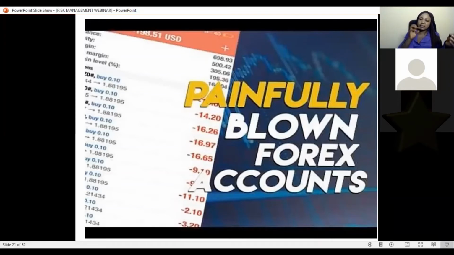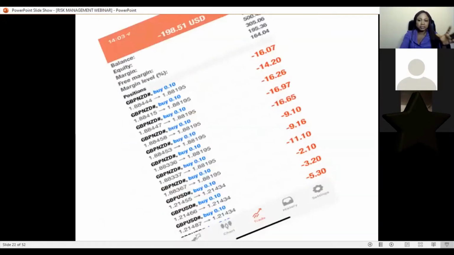As much as it is important to make money and grow money, it is also very important that you preserve your capital. If you trade last week to Friday, and then on Monday morning you want to trade but there's no money in your account, you can't practice trading the way you should, and there's no way you can get consistent profitability. So it is important that you learn capital preservation, and that is where risk management comes in.